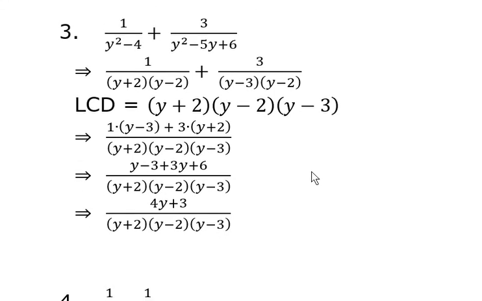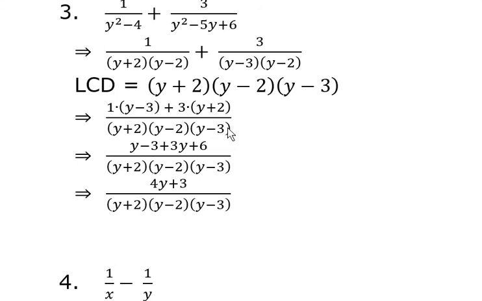Moving on, we copy the LCD here. Then this LCD divided by the denominator of the first term. So what is left is y minus 3, and 1 times y minus 3 plus. Just put y minus 3 inside the parentheses first. Plus, copy 3, and then the LCD divided by the denominator of the second fraction.